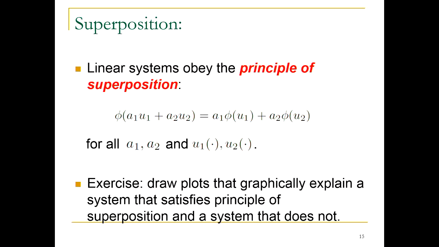This is a third experiment. I do not need to repeat that experiment because if the system is linear, I know that the result can be constructed from the first two experiments, where I got phi U1 from the first experiment, I got phi U2 from the second experiment, and I just combined them in the same way that the inputs were combined. It's just that the scaling factors are the same.